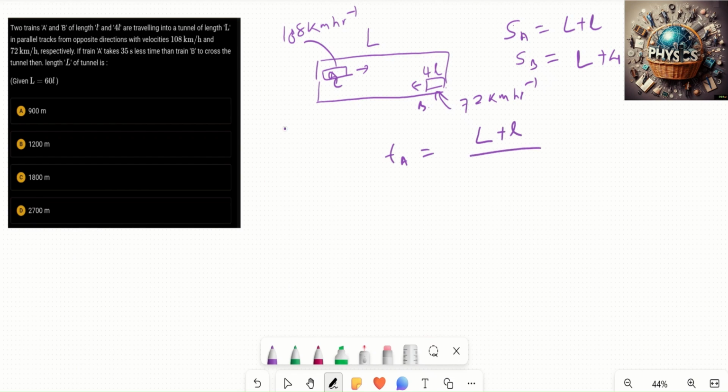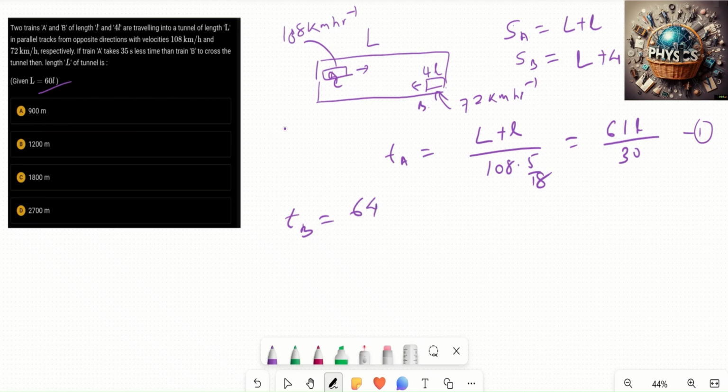So let us convert it to meter per second: 108 into 5 by 18. And capital L is already given as 60 l here, right? So it will be 61 small l by 30, correct? This is my first equation. Then TB. The total distance covered by B will be L plus 4l, which is 64l, since capital L is 60 small l.